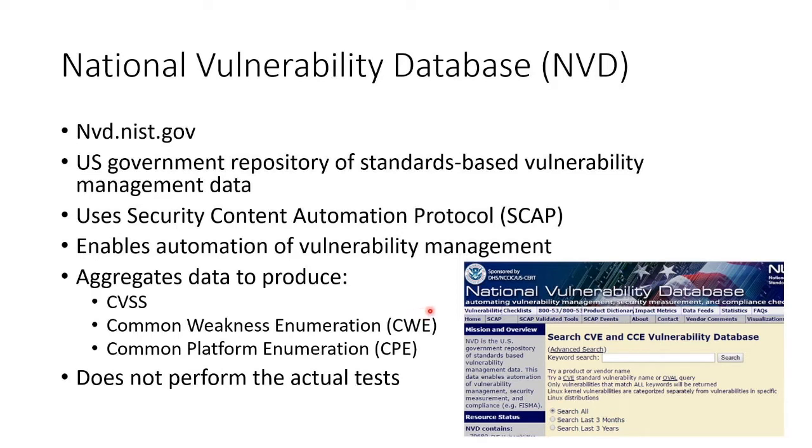And then from that, there can be all sorts of vulnerabilities. So this is like the inherent weakness of a particular system, protocol, platform, something. And then the Common Platform Enumeration, this is for particular platforms like Microsoft and Linux and FreeBSD and Android and iOS. NVD, they don't do the actual tests. They're the ones who just gather all this information.